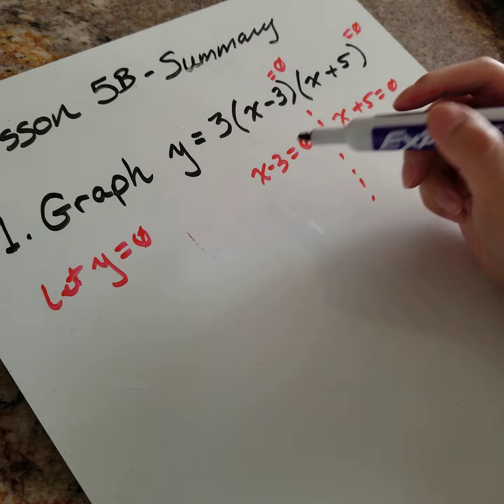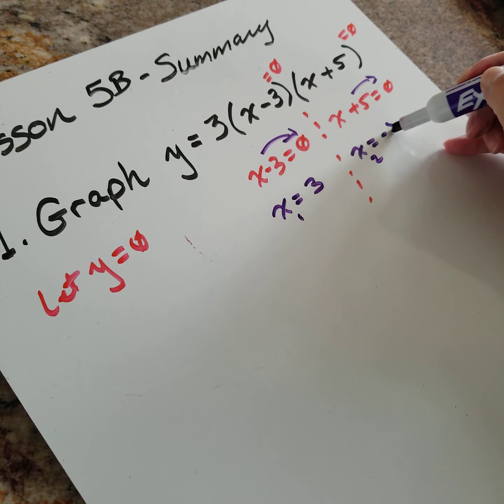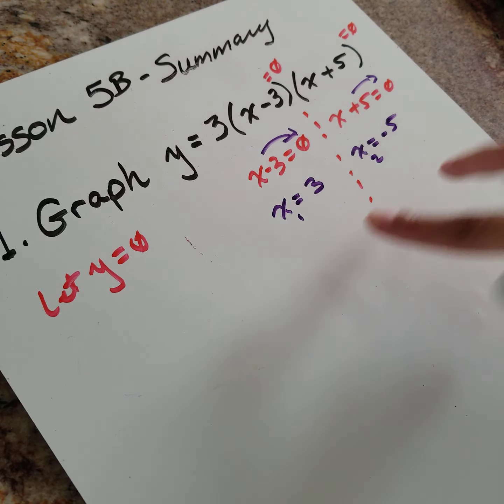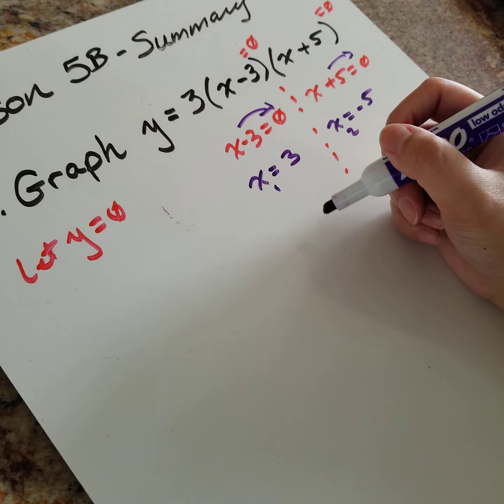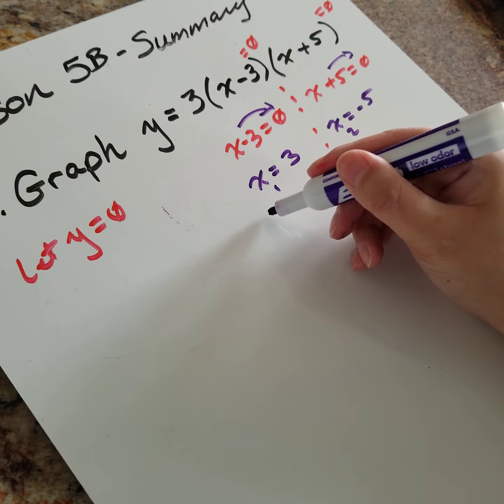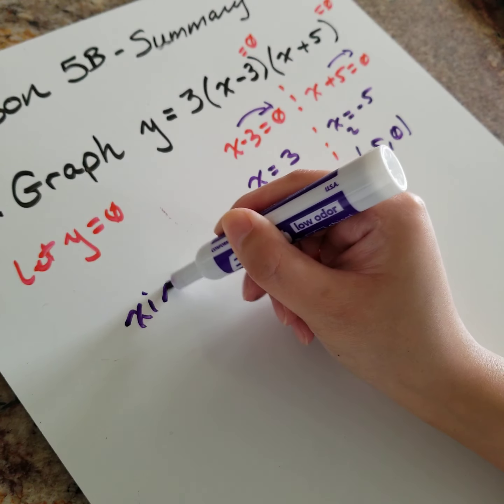If this is negative 3, when I move it over, it's now going to read as positive 3. So this is my first x-intercept. If I have here that we're adding 5, we're now going to subtract. So this is now going to be negative 5. So here are my values for my two x-intercepts. If I wanted to graph these points, one would be at (3, 0), and the other one would be at (-5, 0). So here are my x-intercepts.